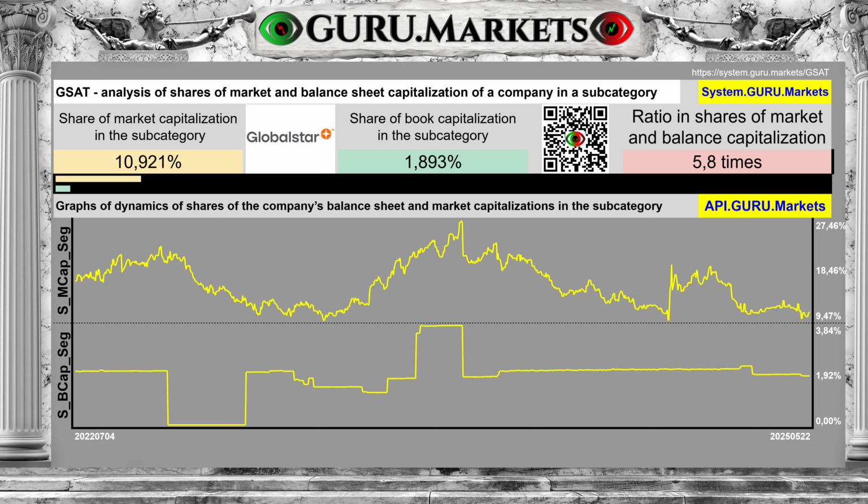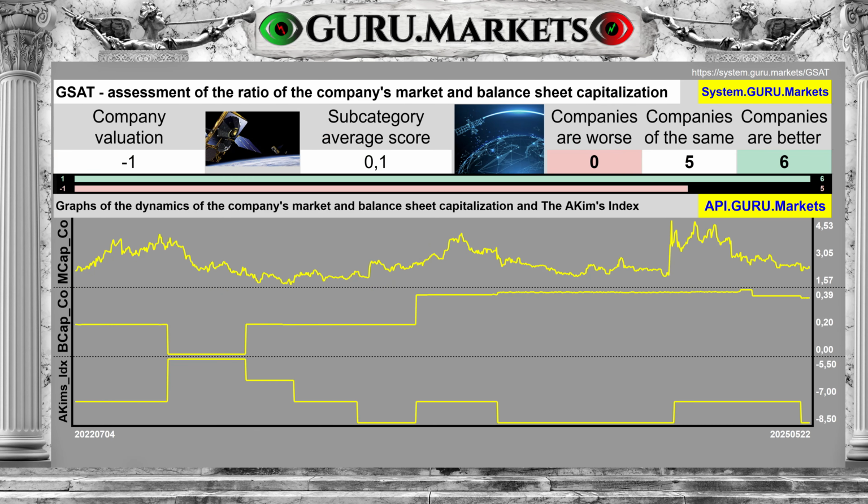The share of Globalstar Inc. in the subcategory when assessing the market value is 10.921%. Book value capitalization is 1.893%, which is 83% less than the market value share. Assessment of the organization's share of market and book value in the subcategory, bad, minus 1 point.